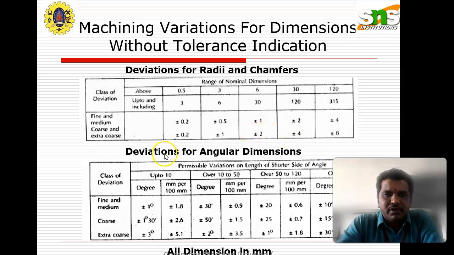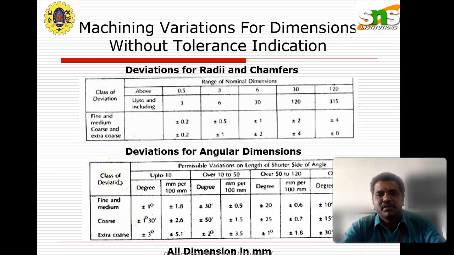The deviation for angular dimensions is also represented in the table, which gives the permissible variation of the length of the shorter side of the angle: up to 10, 10 to 50, 50 to 120, and over 120, column-wise for coarse, extra coarse, fine and medium.